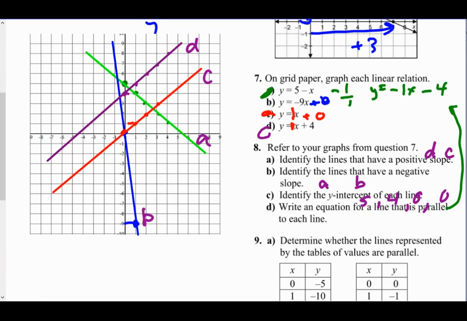Another one, anything parallel to that. So y equals negative 9x plus 2. As long as the y-intercept is at a different point than 0, those would never meet.